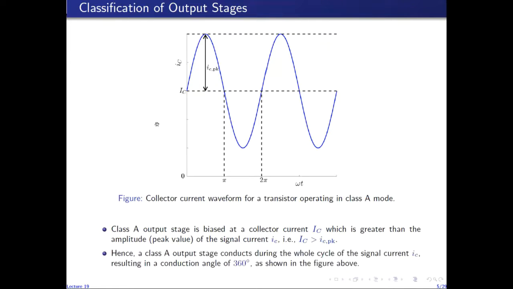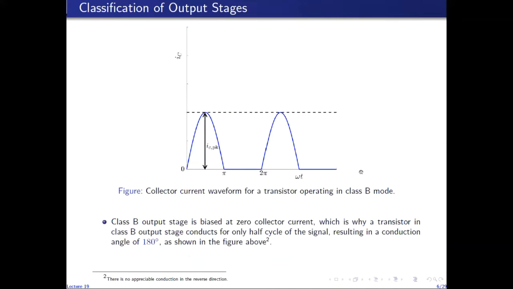So in a class A output stage, the transistors conduct for the whole cycle of the signal current, which gives them a conduction angle of 360 degrees, as can be seen from this waveform, because the instantaneous values of the current are always greater than 0 in this case. Such transistors are said to be operating in class A mode.